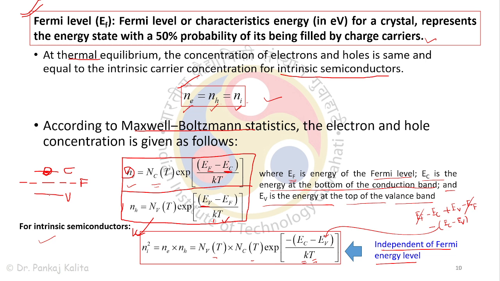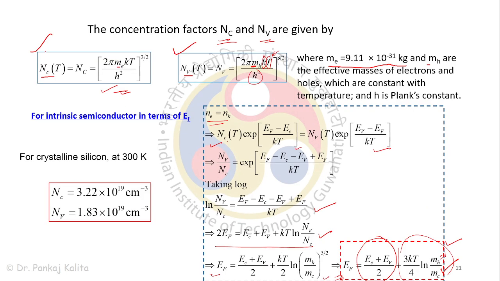If you are talking about holes, it will be (EV minus EF) upon KT. Hope you understand how these formulas might have been derived. In terms of only the conduction and valence bands, these two formulas you can remember, and this formula you can remember.